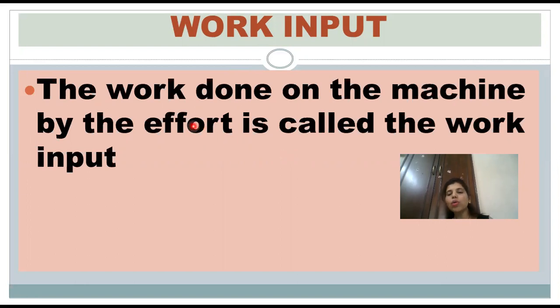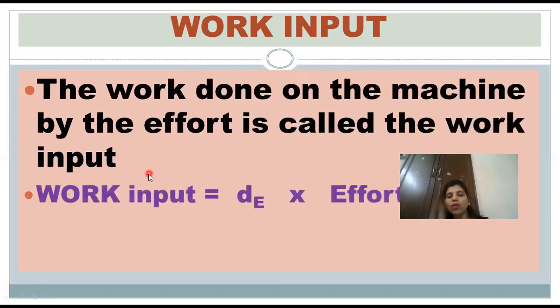So when you're talking about work done on the machine by the effort, it's known as work input. Please understand this term, it's very important. So when you're writing work input, as it is with respect to the effort, what will be the formula? As you know, work is nothing but displacement into force. You have learned this in the last chapter.